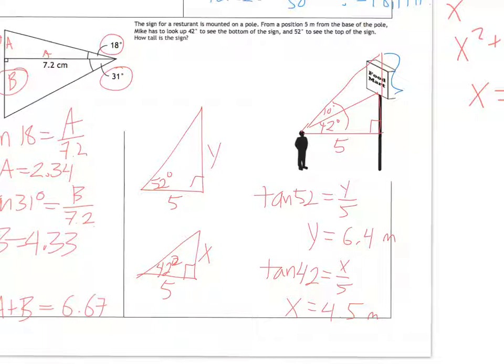So I know the whole thing is going to be 6.4. I know the bottom part is going to be 4.5. To figure out the height of the sign, I've got to subtract those two. 6.4 minus 4.5, that's going to be 2.4 minus another 0.5 is 1.9 meters.